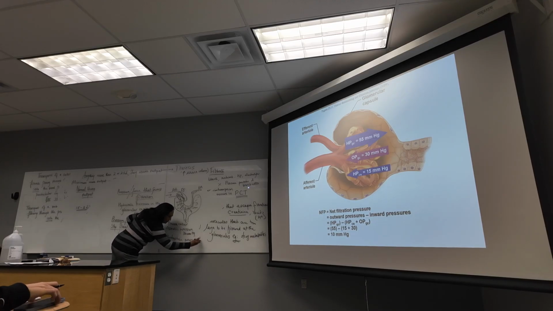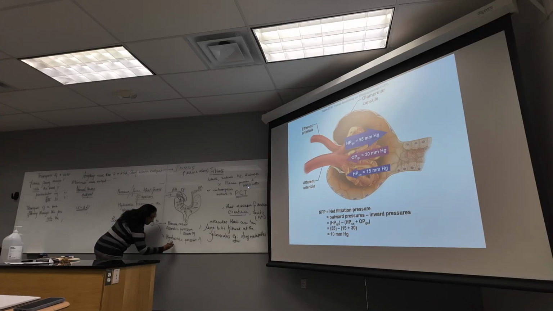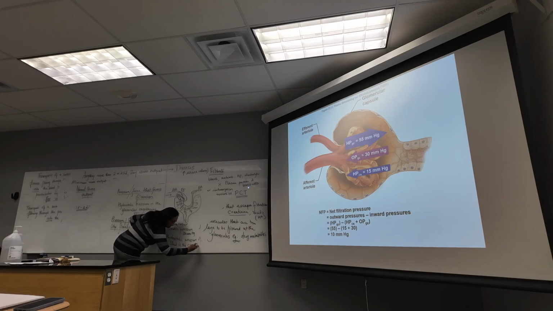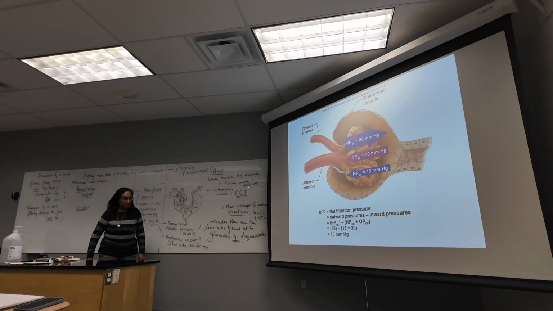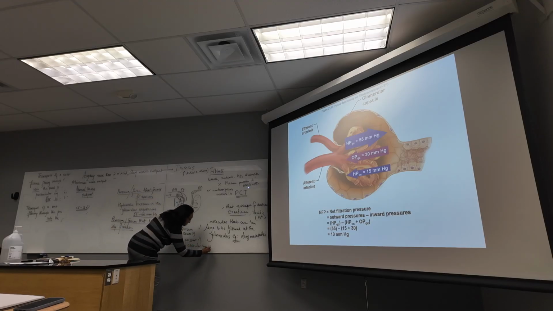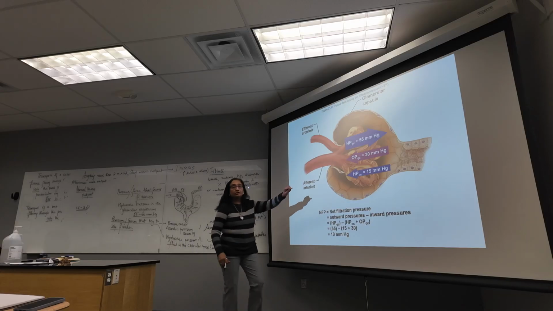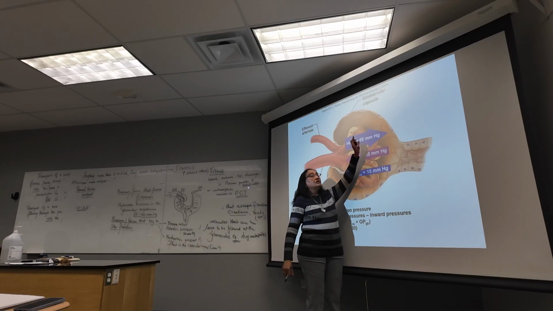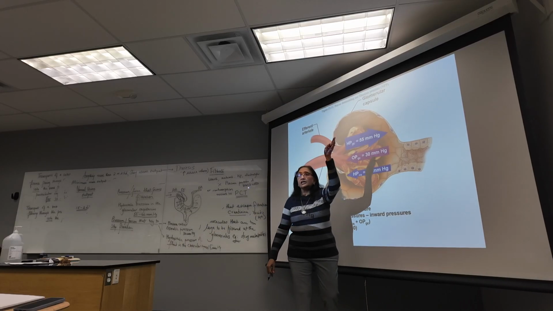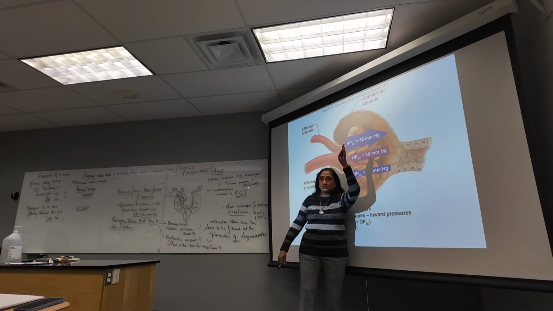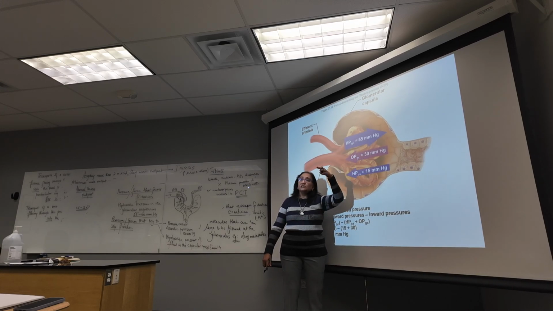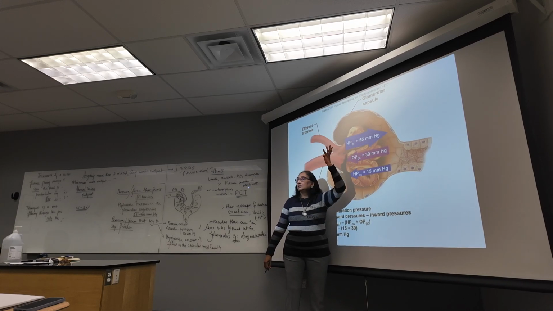Hydrostatic pressure of fluid in the capsular space. That is the Bowman capsule. Okay. This is only about 15 millimeters of mercury. So 30 plus 15 is trying to stop filtration, and 55 to 60 is trying to allow filtration. So 30 plus 15, 45, is still less than 55.